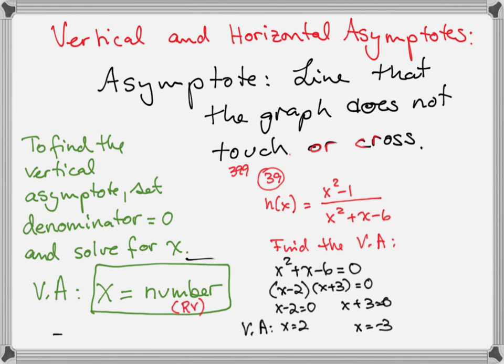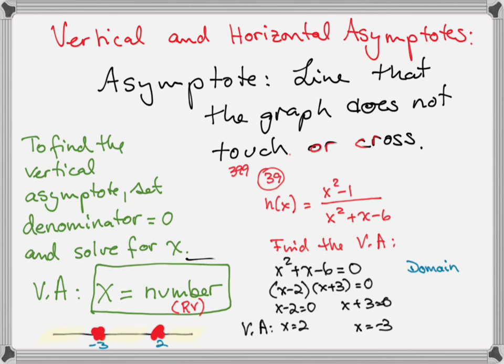Let me just draw a number line, because my next question, that wasn't in the book but I like them so much, is: what's the domain? Negative 3 is bad and 2 is bad. Everything else is good.